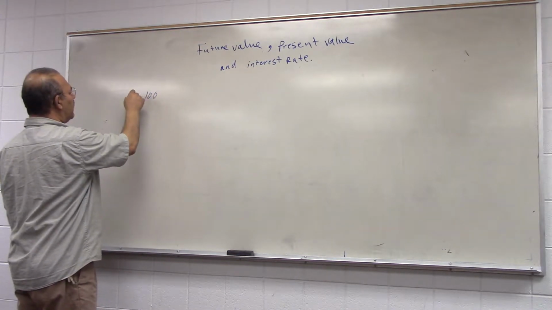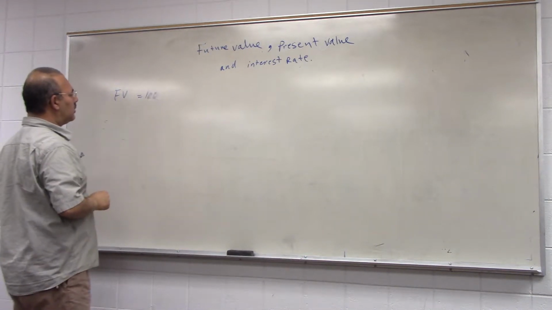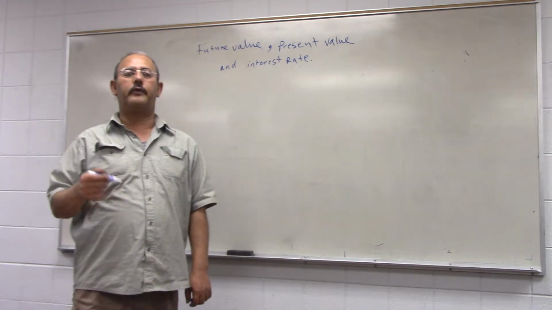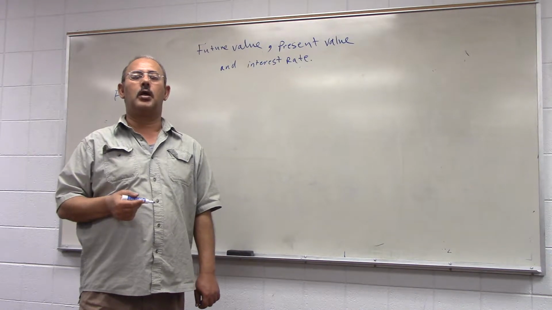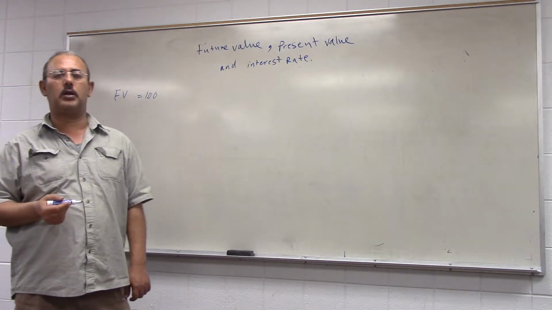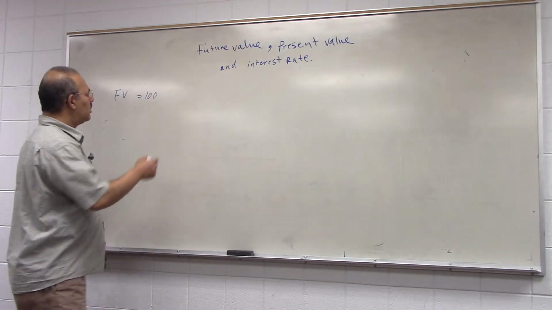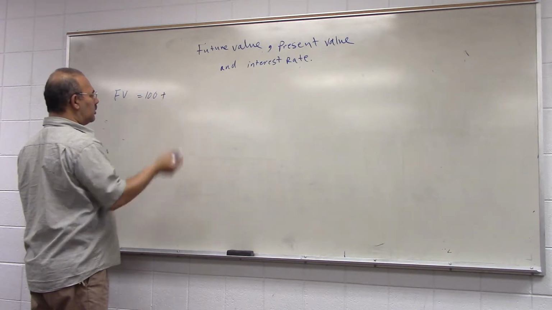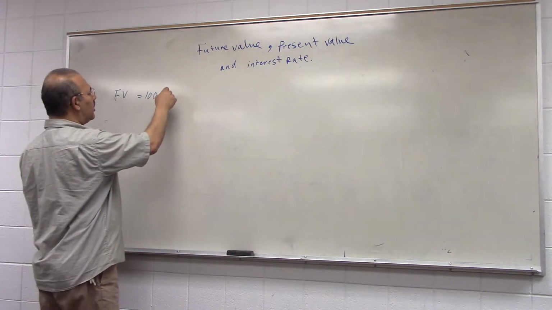Then the future value of $100: we give a simple example, just a simple investment, you put this money as a time deposit in any bank, and at the end of the period, maybe 1 year, you get interest.